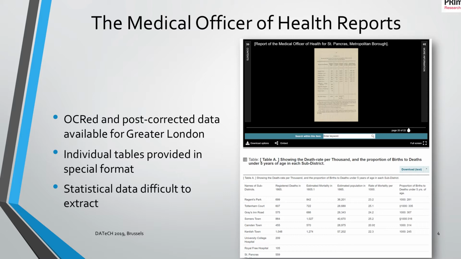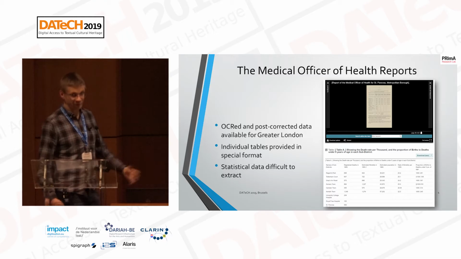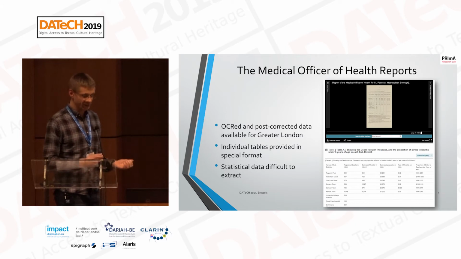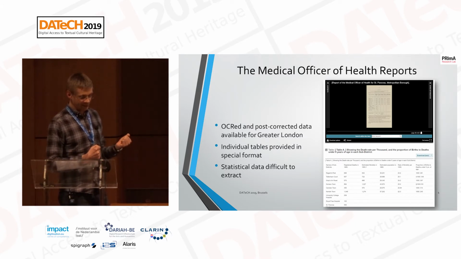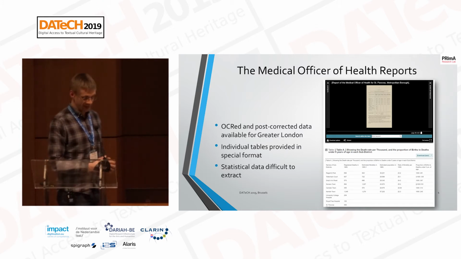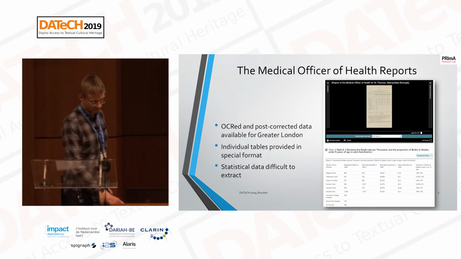What they did is actually very costly: they got the OCR results, corrected them, and then extracted the tables into dedicated XML formats. So you can download all of that data and do whatever you want with it. But it's just a reproduction of the original table, so you don't necessarily get the statistical information easily. You would still have to copy it into a spreadsheet and link the data yourself somehow at the moment.